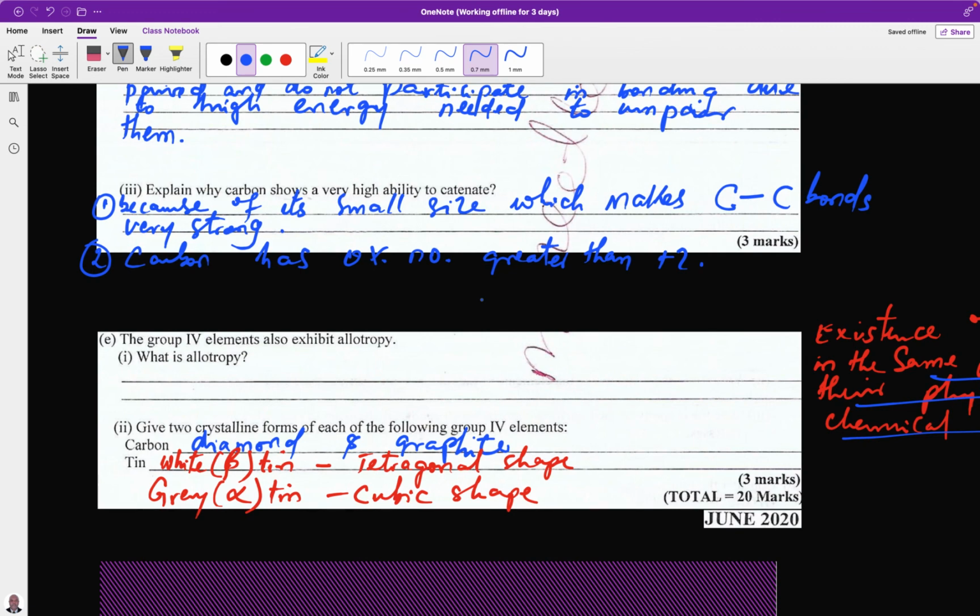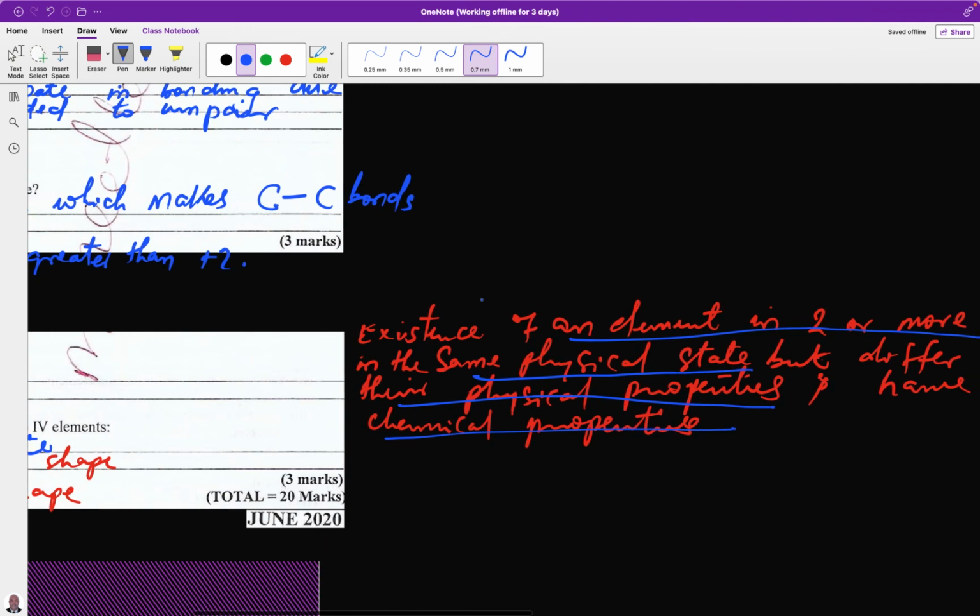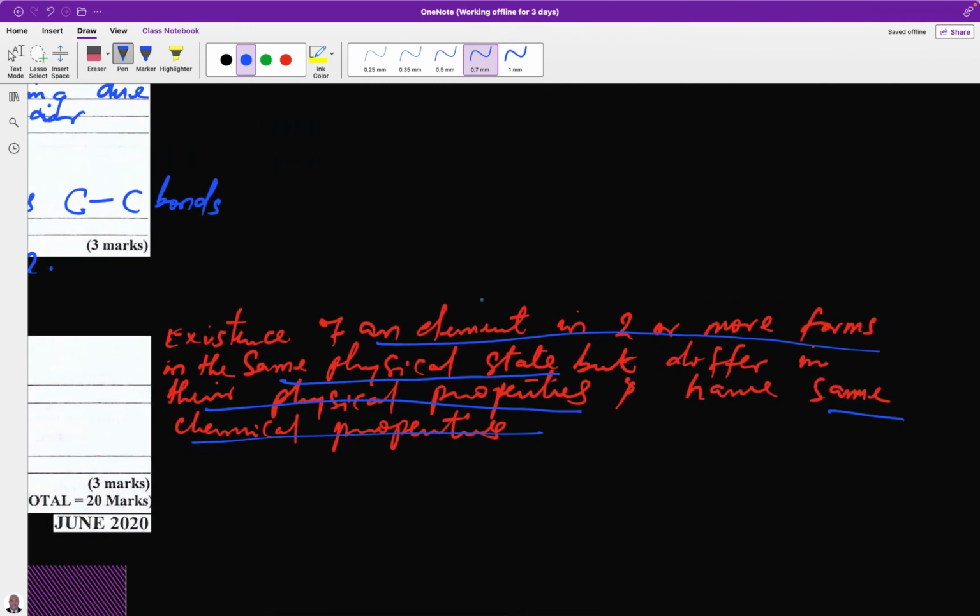What is allotropy? I told you that allotropy is the existence of an element in 2 or more forms in the same physical state, but differ in their physical properties and have the same chemical properties. For instance, diamond and graphite, these are all forms of carbon.